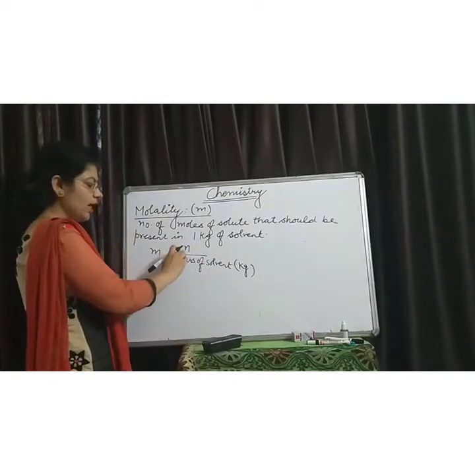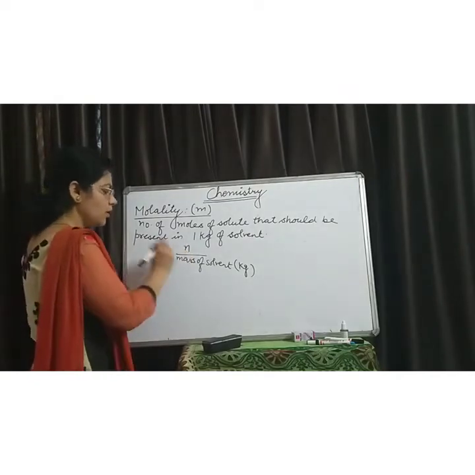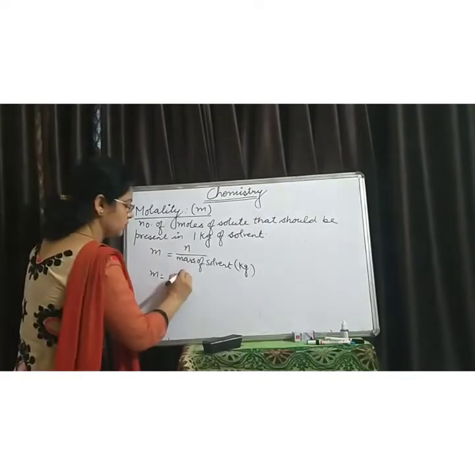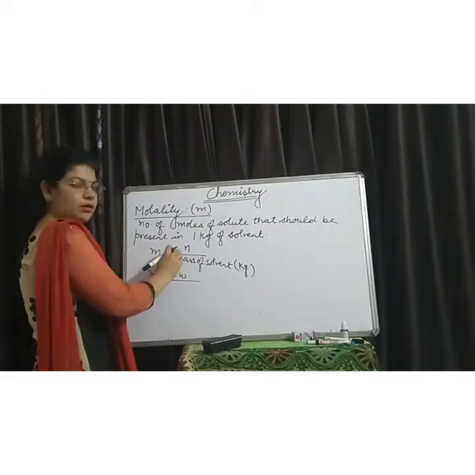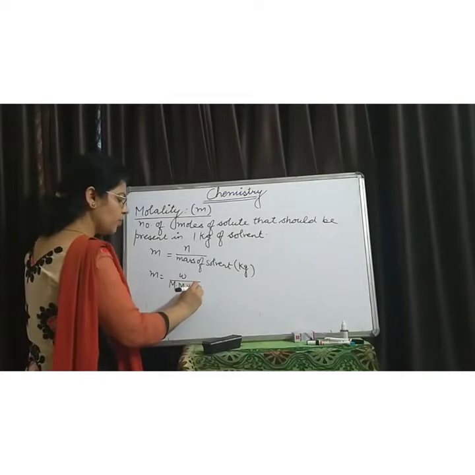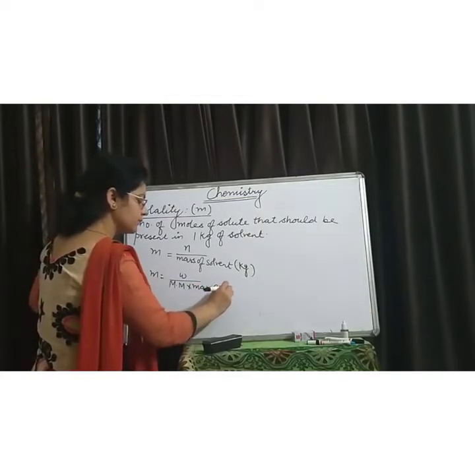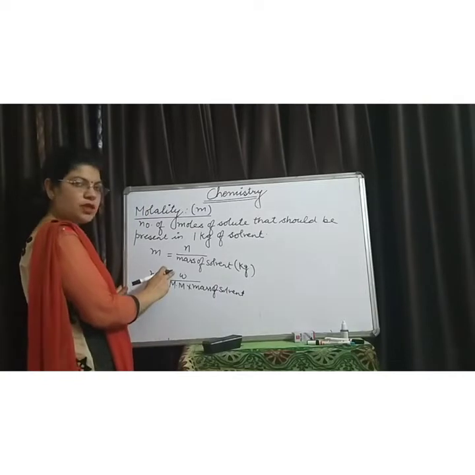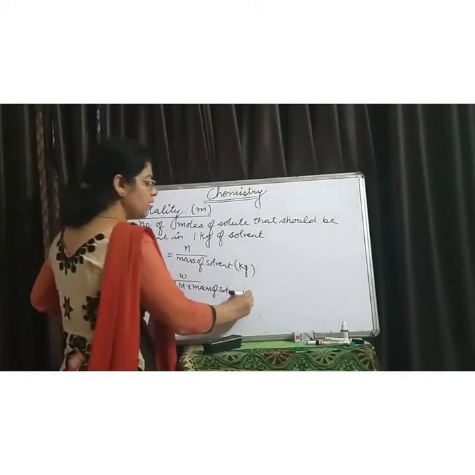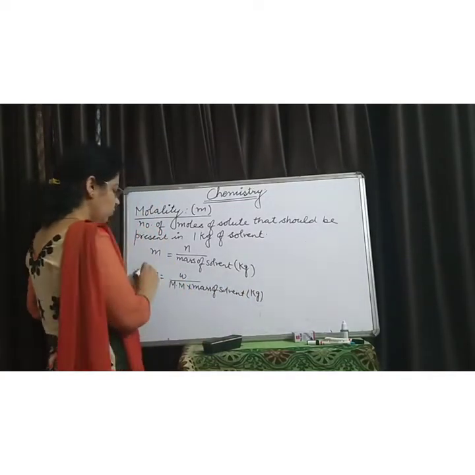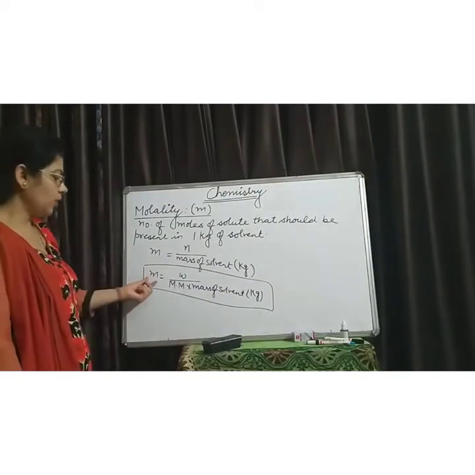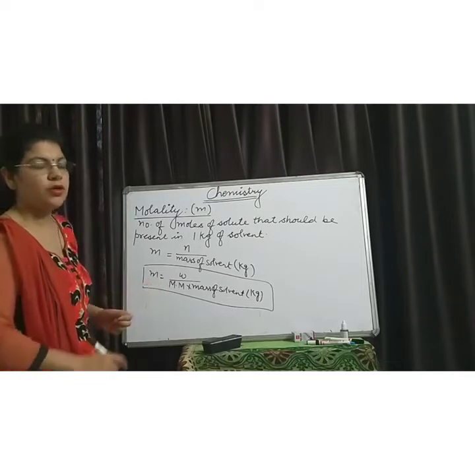Now, as we know, the number of moles can be found by W upon MM, into mass of the solvent. Here W is the given mass of the solute, MM is its molecular mass, and this is the mass of the solvent, which should be in kilograms. This is the mathematical formula for calculating the molality of a given solution.